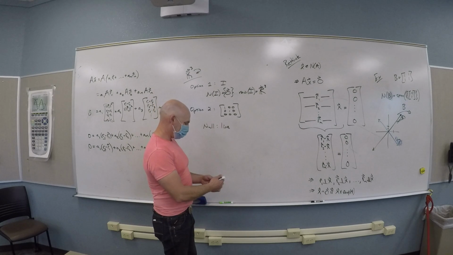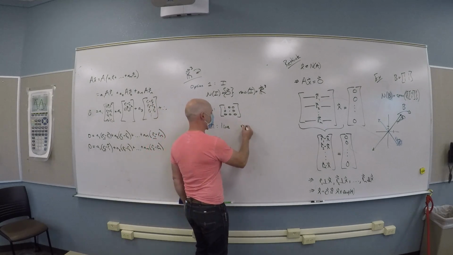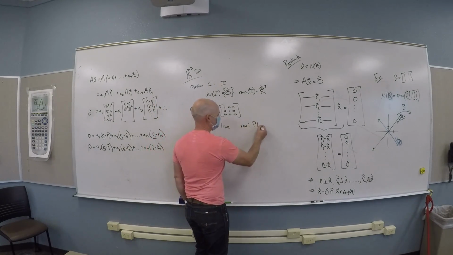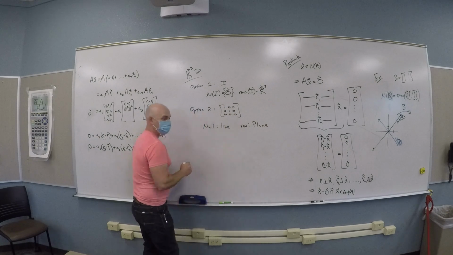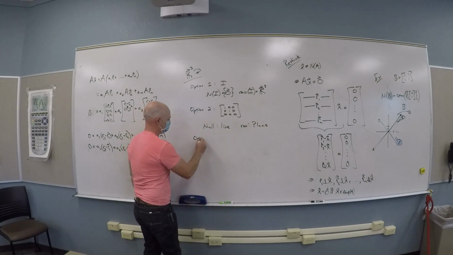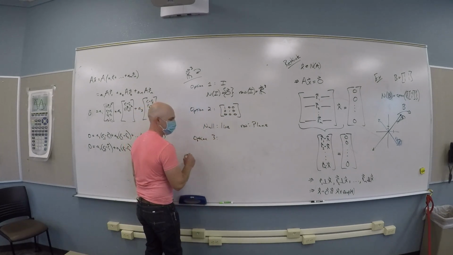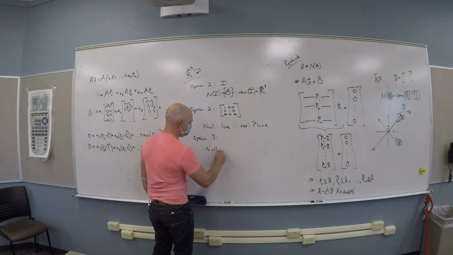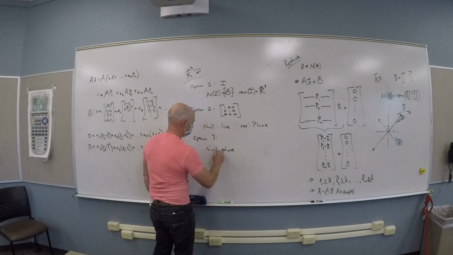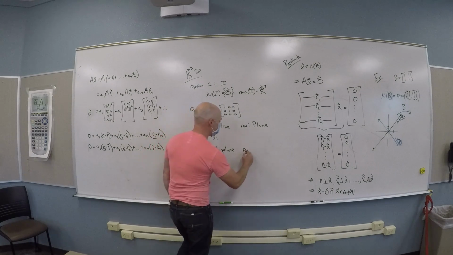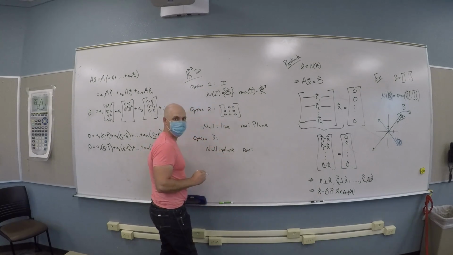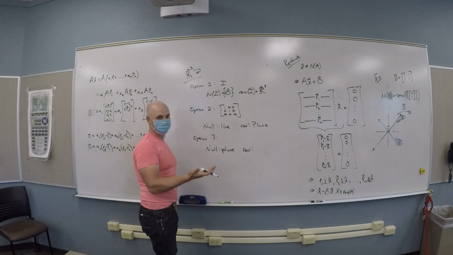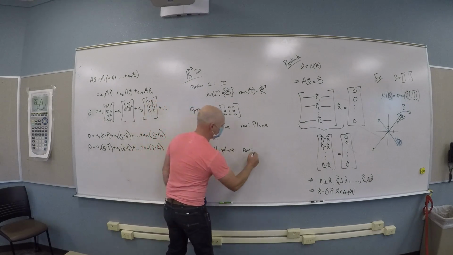So I've got a null space that's a line and a row space that's a plane. So what's option 3? Where it's a point in the plane? Yeah, so the null space is going to be a plane, and the row space is going to be a line.